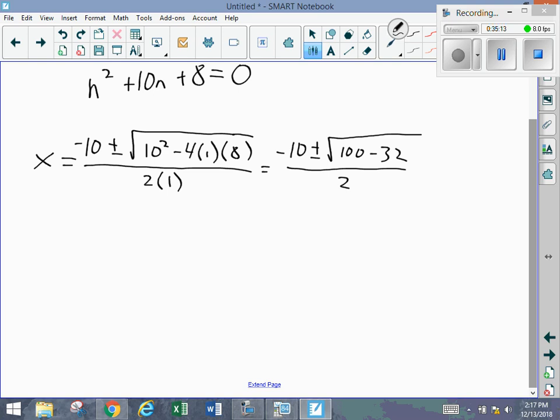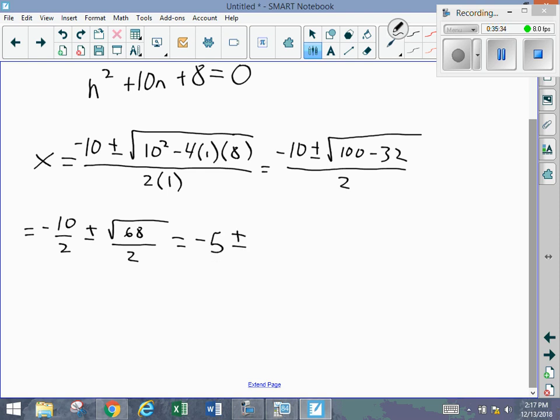Which is going to be the same thing as negative 10 over 2 plus or minus, well, 100 minus 32 is the same thing as 68, all divided by 2. Negative 10 over 2 is the same thing as negative 5.